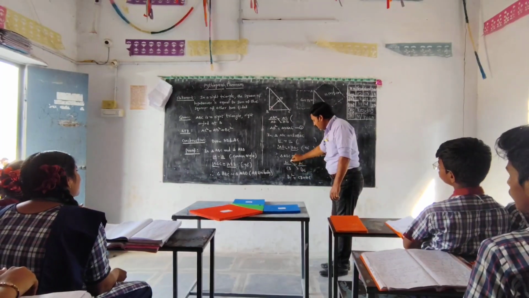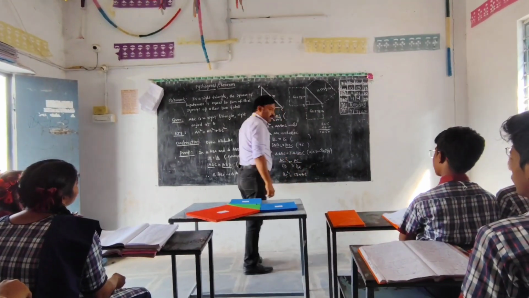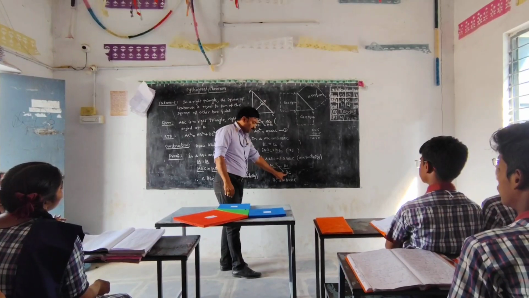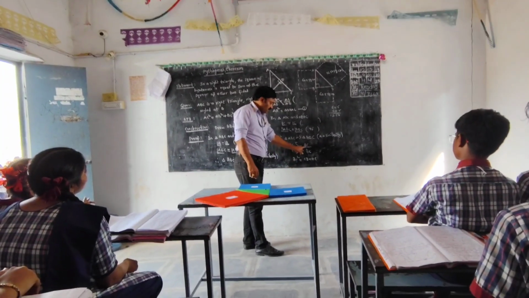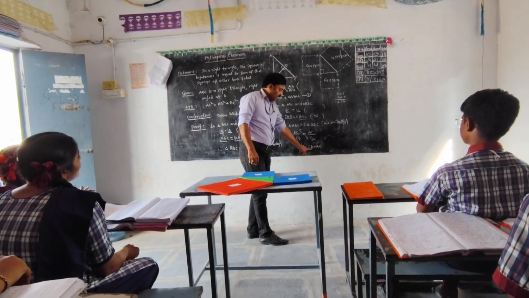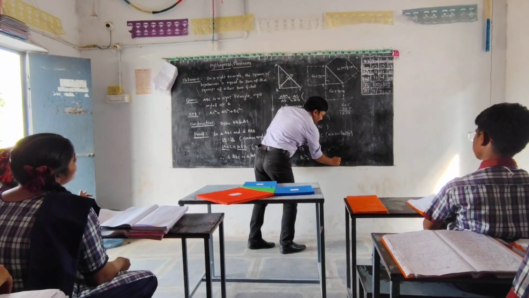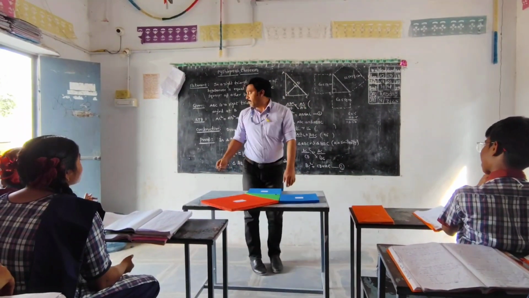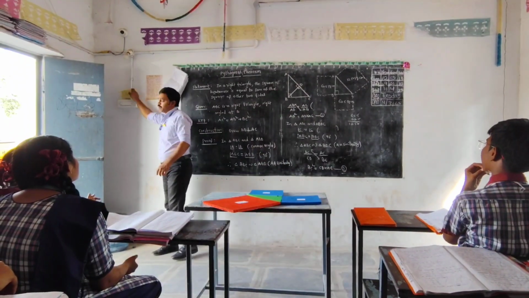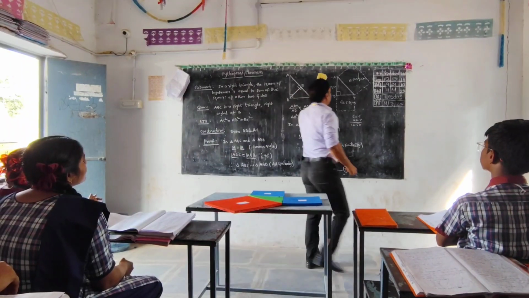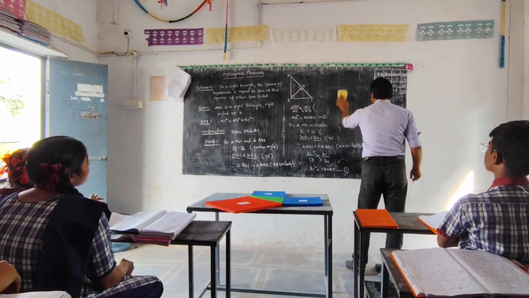Again we have to do cross multiplication: BC into BC, BC square, is equal to AC into CD. This is equation number 2. Now we have to add the first equation and second equation.